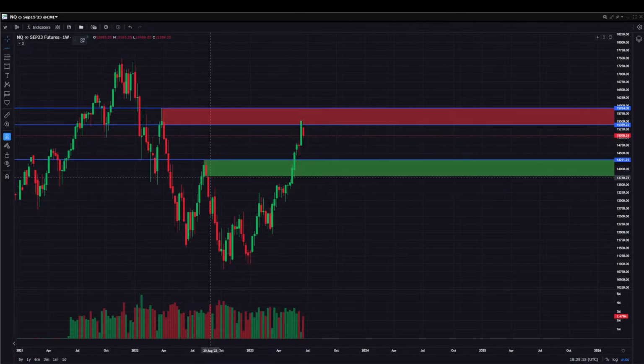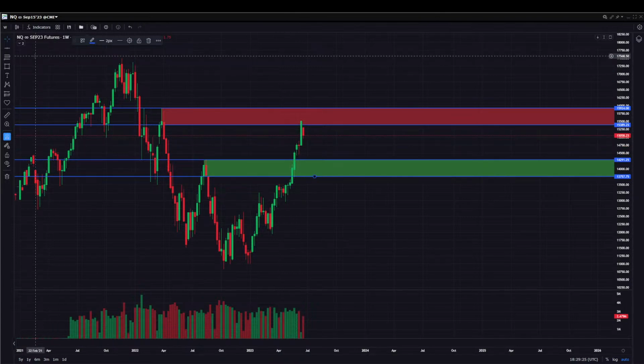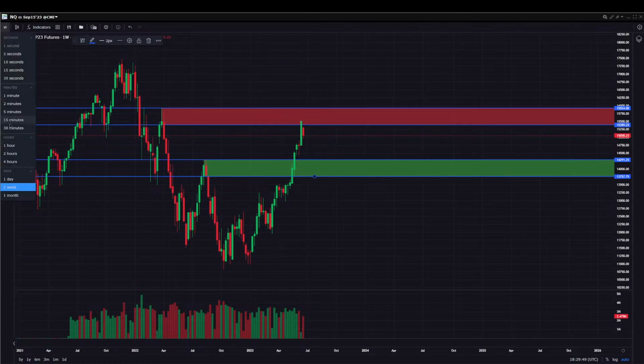Such a crazy W, eh? Wow, almost a perfect W. Insane rally by tech. So, do I think we go back to the weekly demand? It's hard to say, but as you can see, we did not retrace this zone breakout, so I wouldn't be surprised. But do I think there's a lot of games to be played before that? Yes, I do.